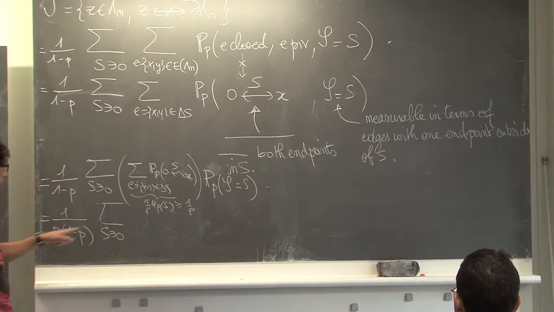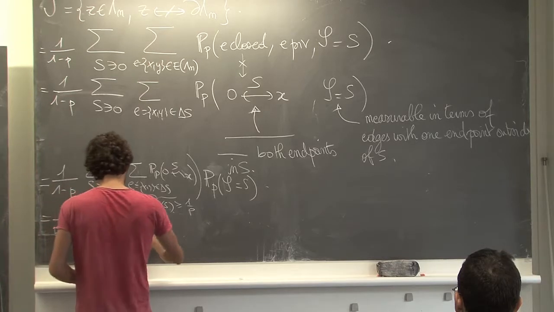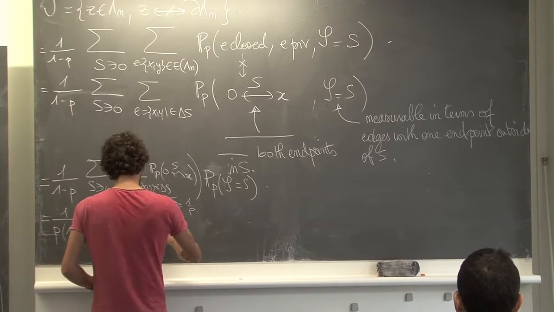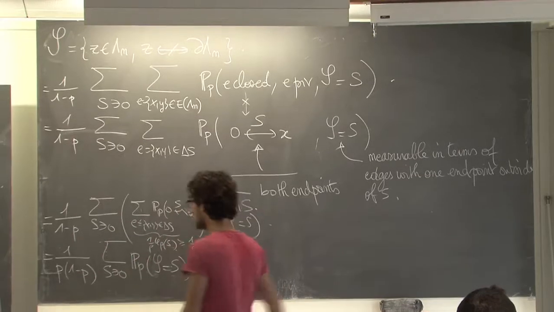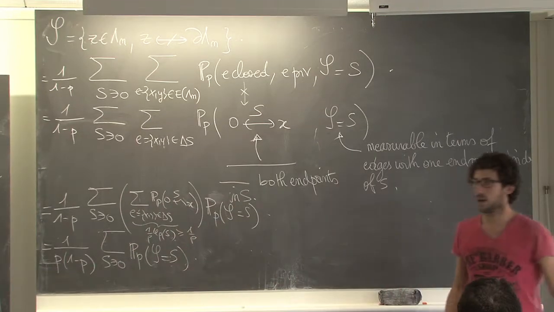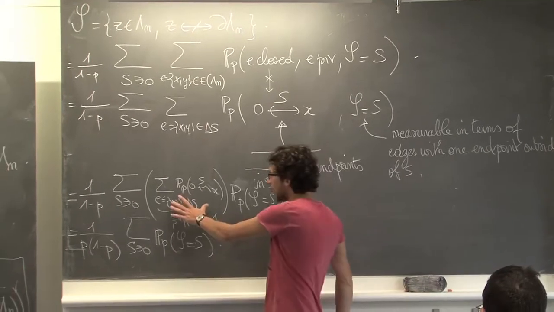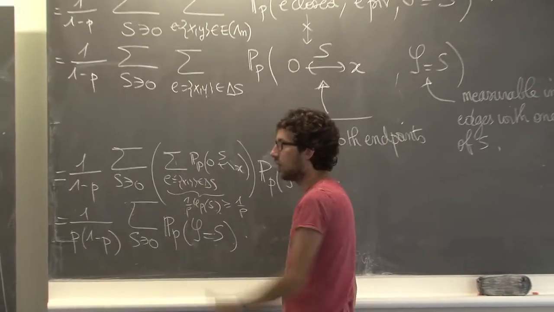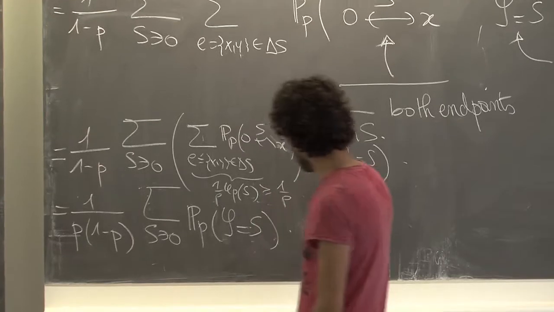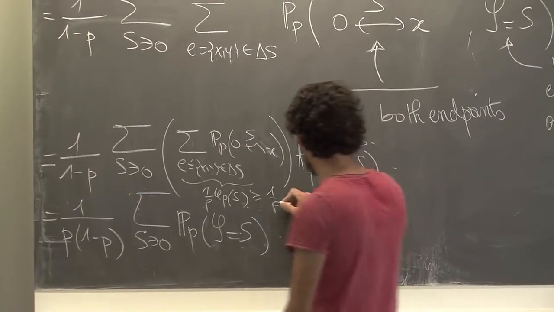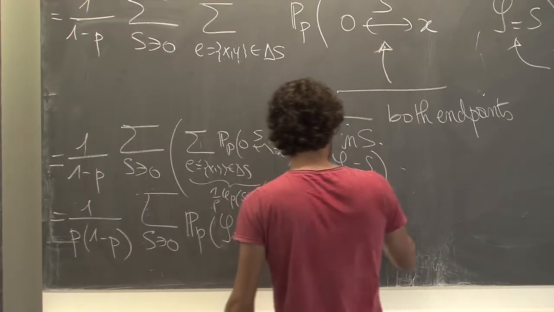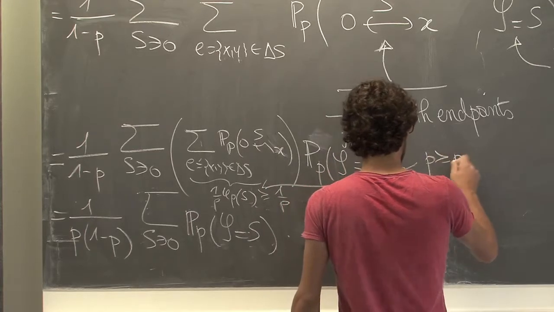So I get the 1 over p, and I just get the probability that S is equal to S. Is it clear for everybody what I did here? So I made this phi p of S appear. And I'm using that this is due to the fact that p is larger than pc tilde.